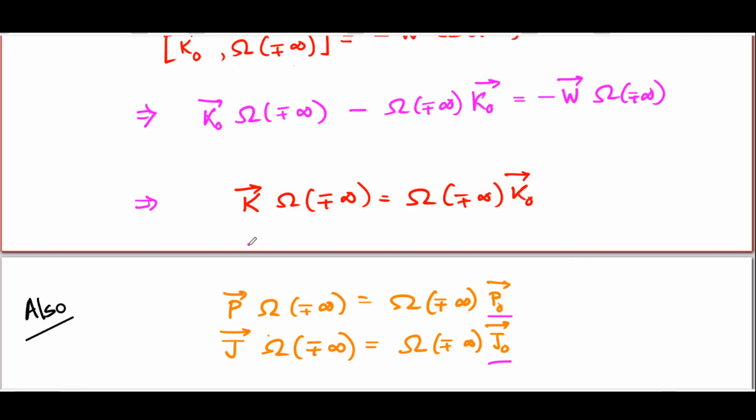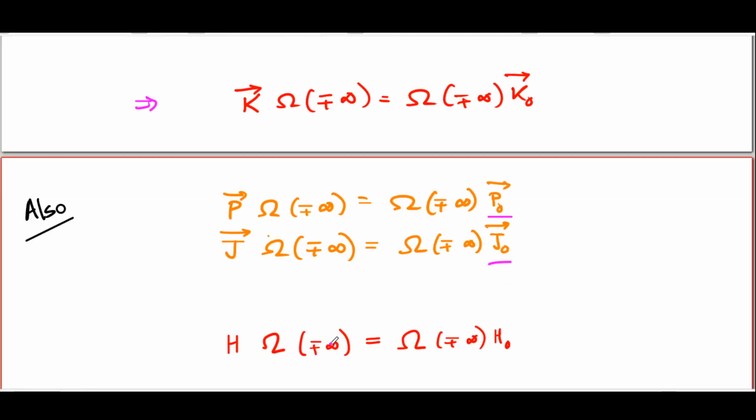I've just written P0 in place of P on the right hand side to emphasize the similarity with this equation and emphasize the fact that we are going to make these act on the free particle states, whereas these will act on the in and out states as the case may be. But otherwise, this is just a simple statement that the operator P and the operator J commutes with omega. We actually have a very similar relationship involving H and H0.